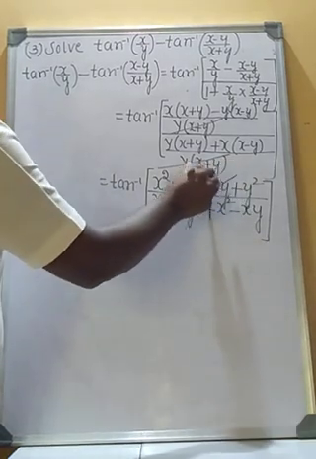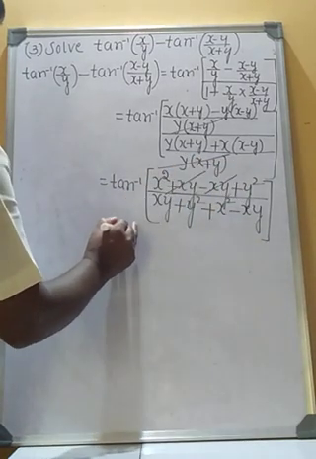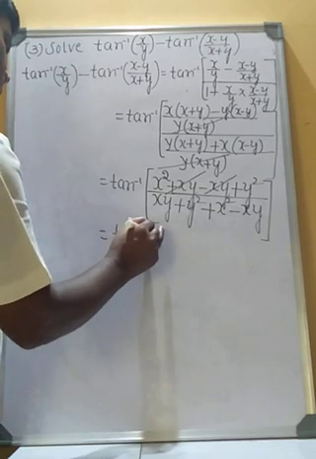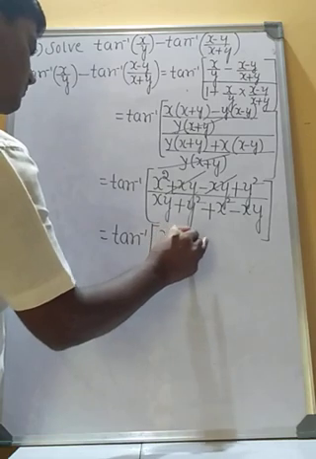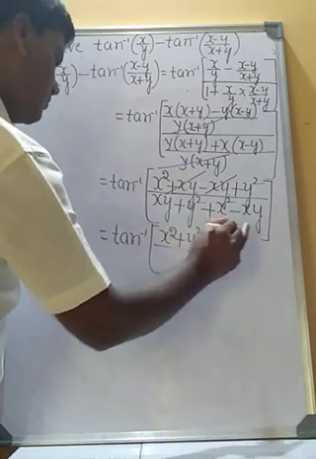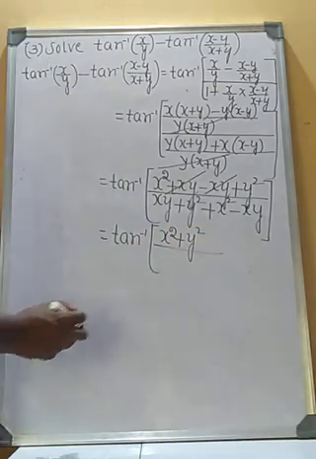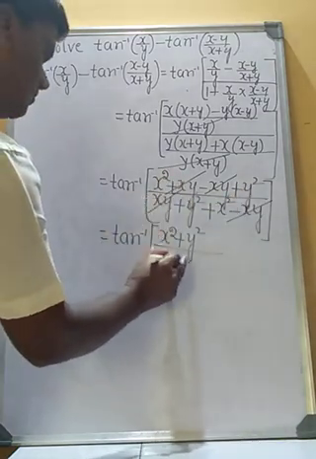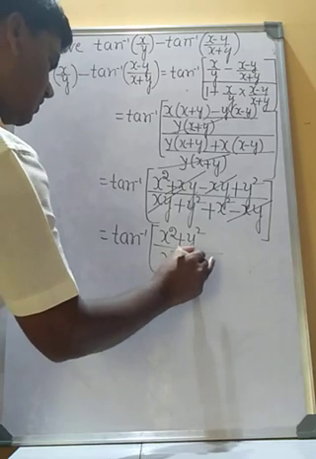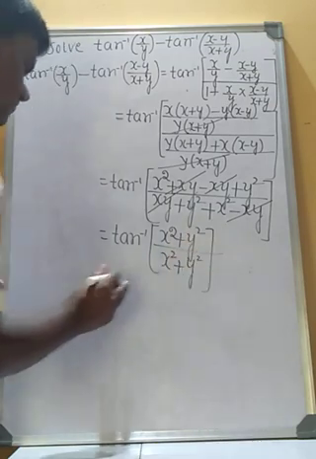Numerator: plus xy minus xy gets cancelled. It is equal to tan inverse of x square plus y square, divided by the denominator: minus xy plus xy cancels, plus x square minus x square.